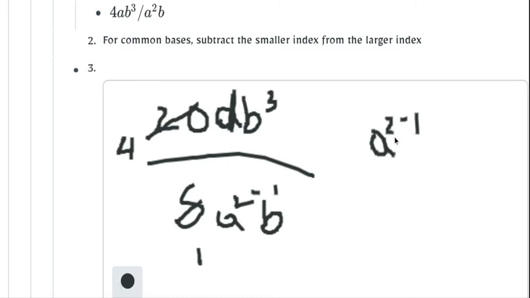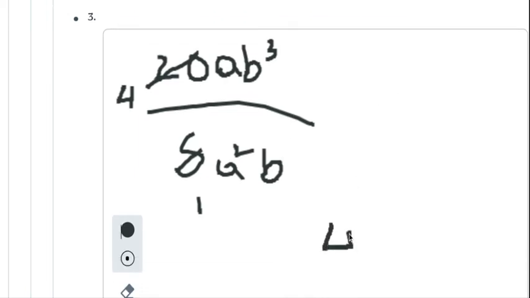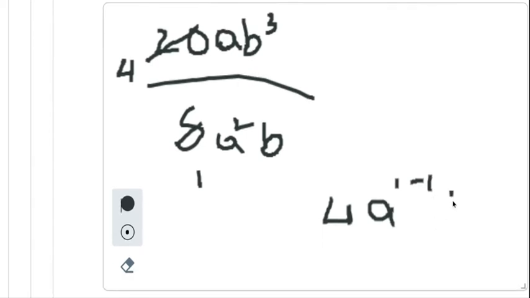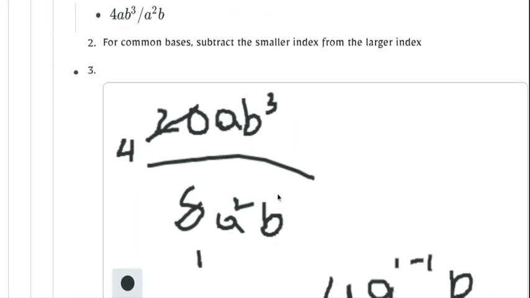So we could rewrite this to say that we have 4, right? A, 1 minus 1, 1 minus 1, right? B, let's do the B part now. The rule says we need to subtract the smaller index from the larger.